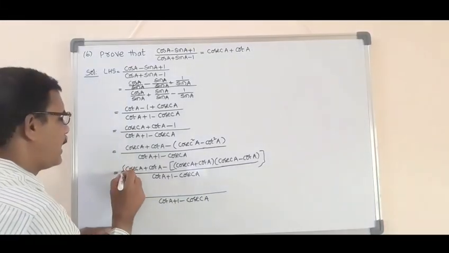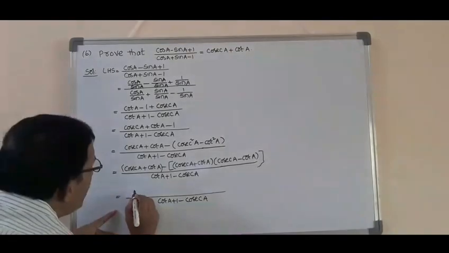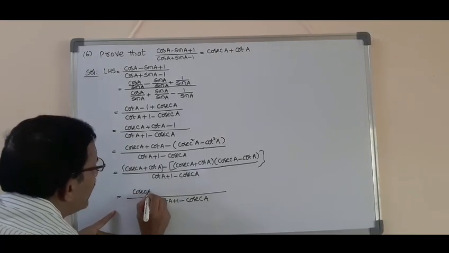See, here cosec A plus cot A is there, here also cosec A plus cot A is there. So taking cosec A plus cot A common.